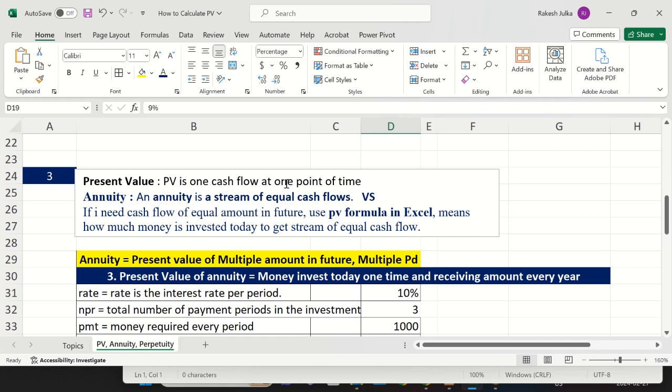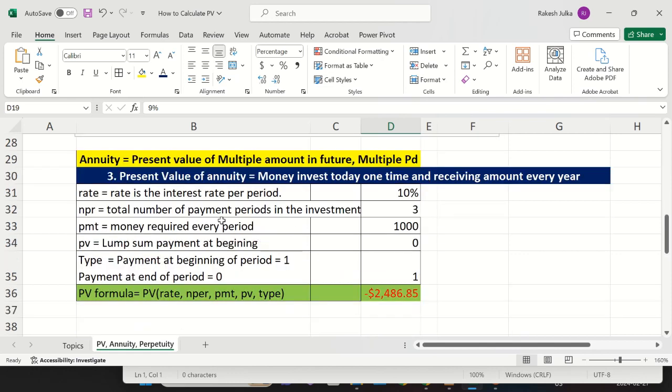But an annuity is a stream of equal cash flows. For example, if I need a cash flow of equal amounts in the future, we use the PV present value formula in Microsoft Excel, which is already available. It means how much money is invested today to get the stream of equal cash flows. So that is known as an annuity.